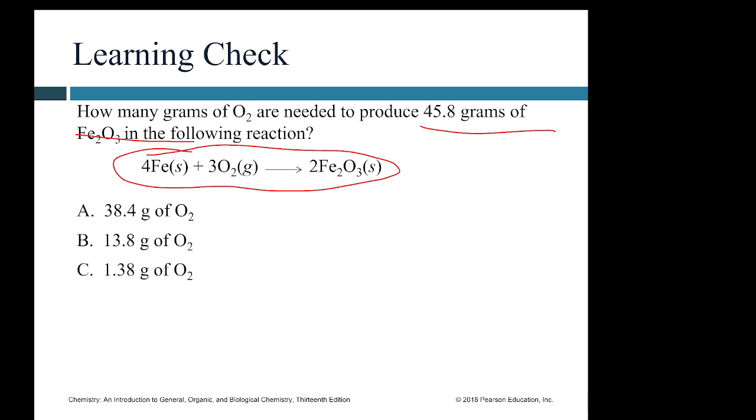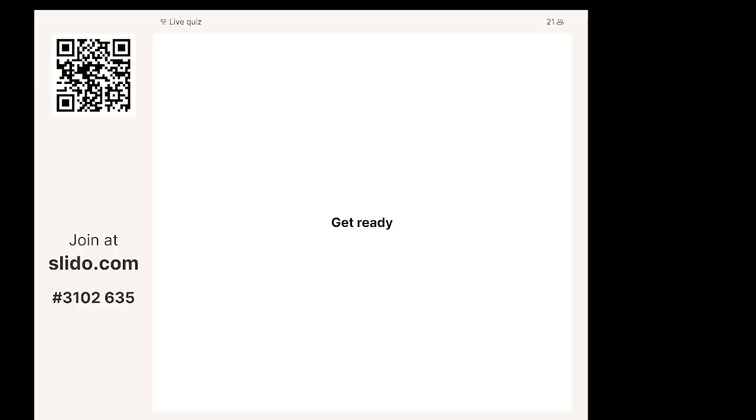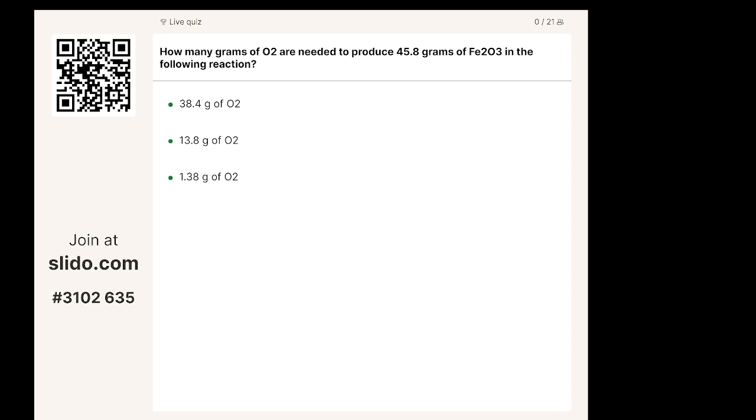Okay. Everybody got the reaction now? Okay. So make sure you draw that out so I can be back on the page where it has people's ability to join the quiz and answer. Okay. So, how many grams of O2?